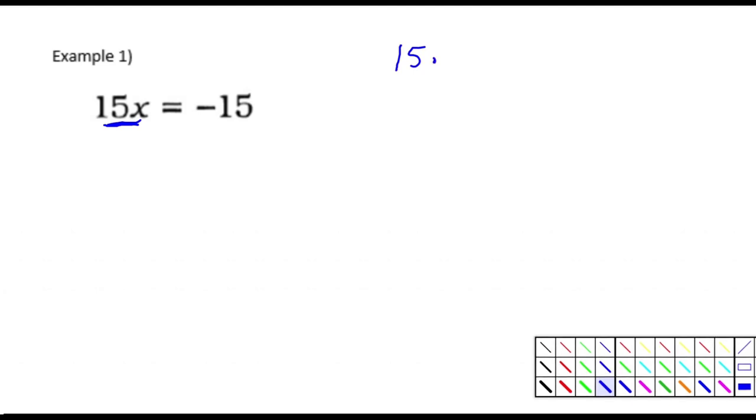So 15, I'm going to write it out, times a number. A lot of students just say 15x, but this really says 15 times a number. So 15 times a number equals negative 15. So there's some number that if we multiply 15 by, we should get negative 15.